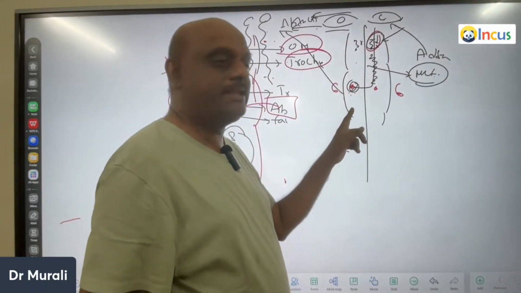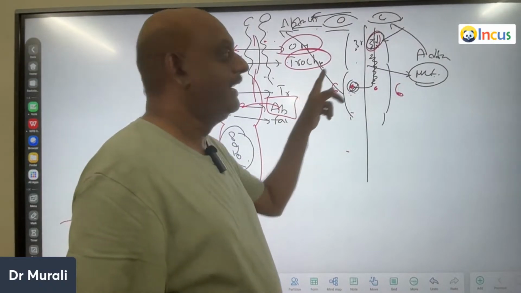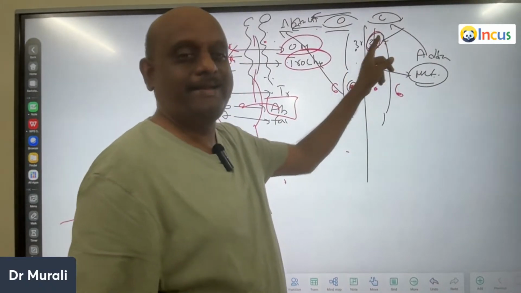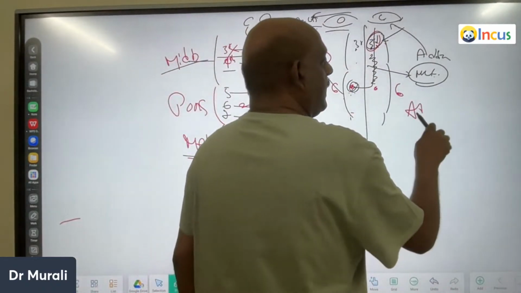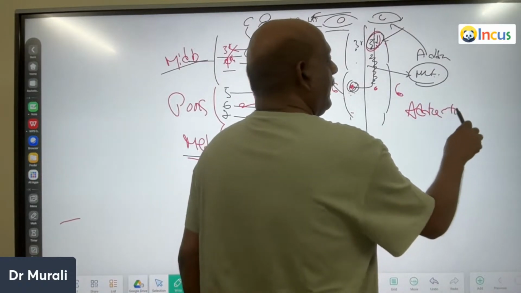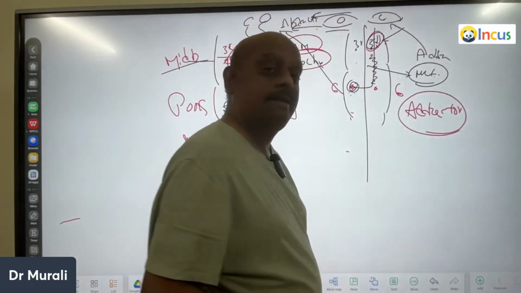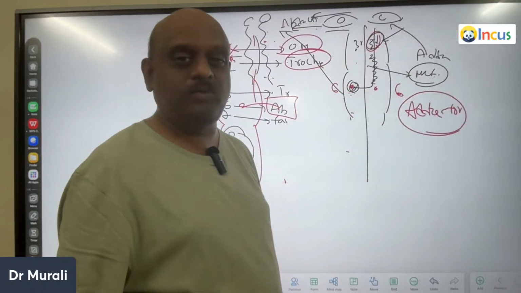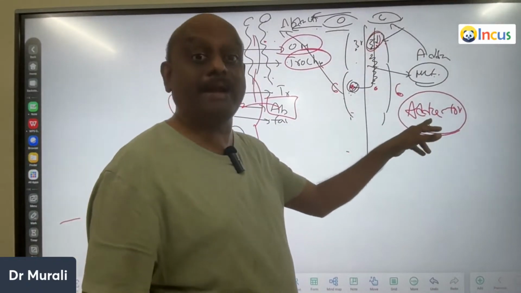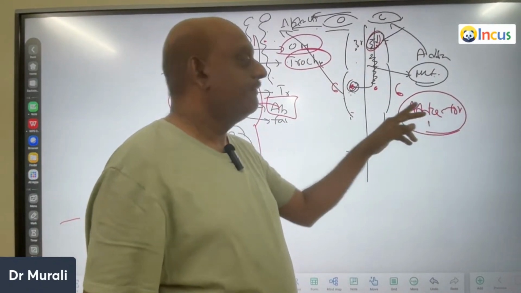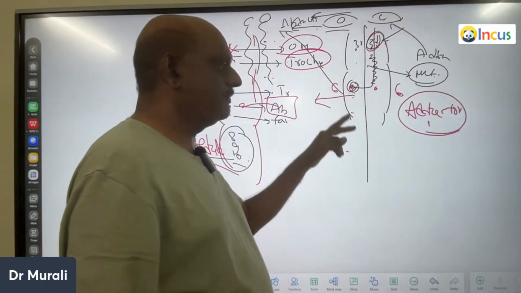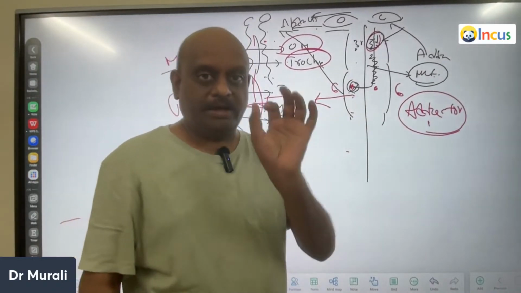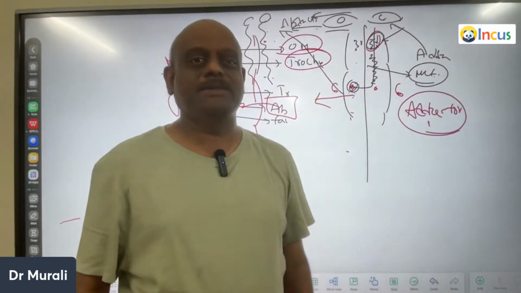That's the reason when this eye is abducting, the other eye won't adduct, and that is called adductor lag. And which side is the MLF involved? The side where there is adductor lag, whereas the other eye has already abducted. That's the reason there is diplopia, double image.